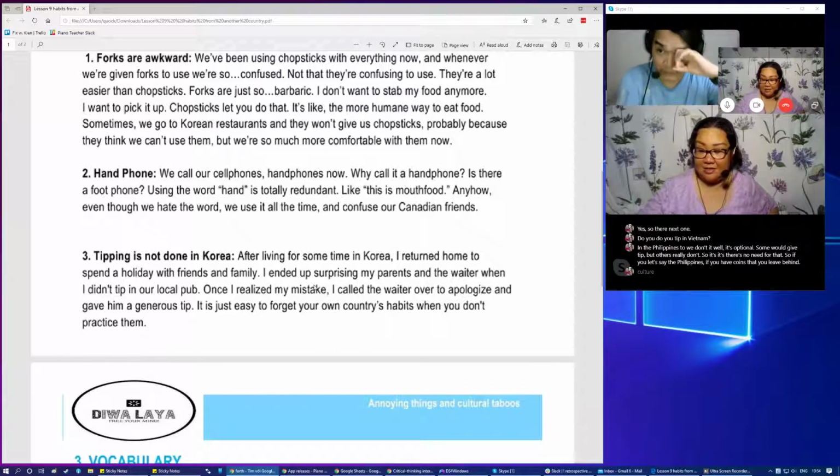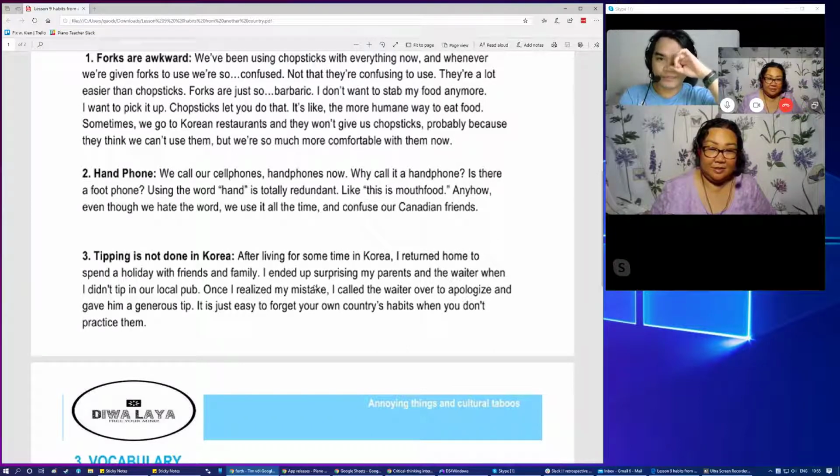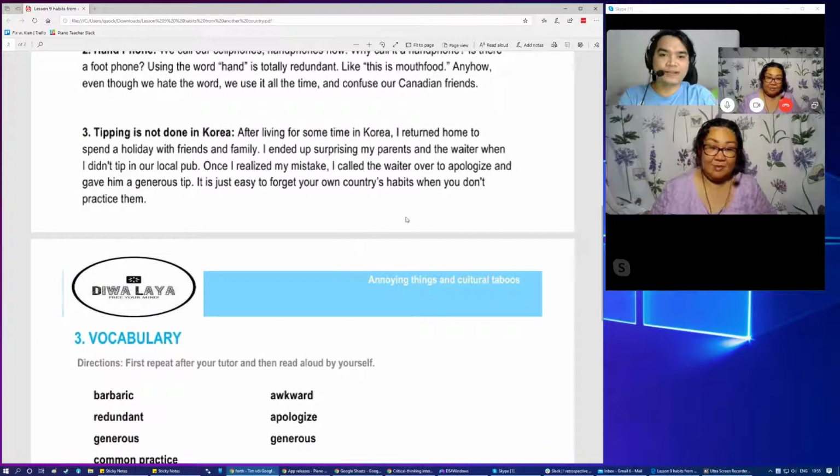Let's try it. Let's read it. Tipping is not done in Korea. After living for some time in Korea, I returned home to spend a holiday with friends and family. I ended up surprising my parents and the waiter when I didn't tip in our local pub.